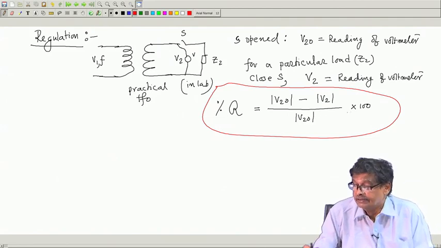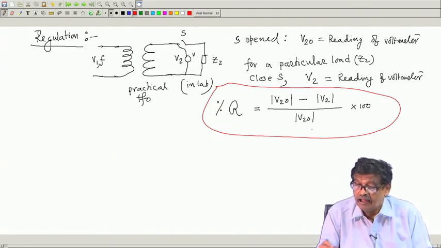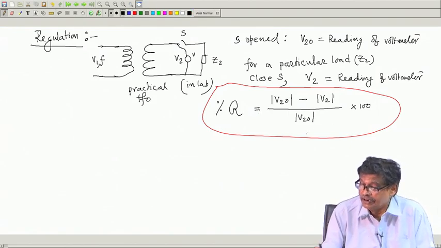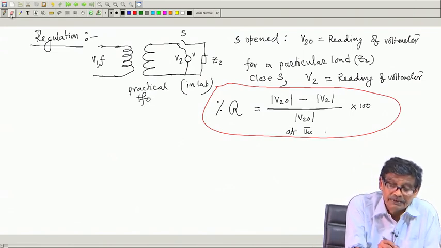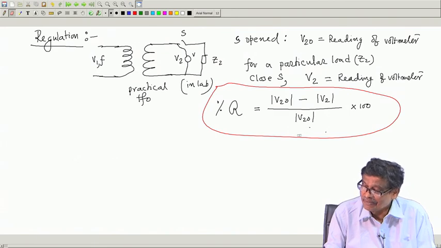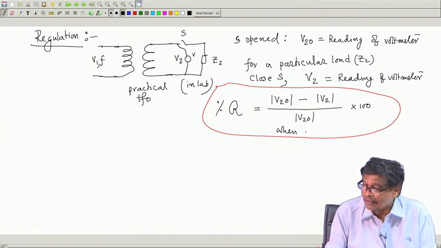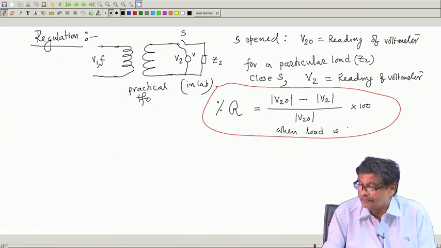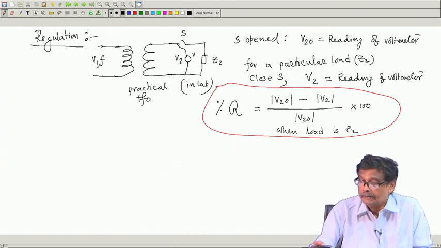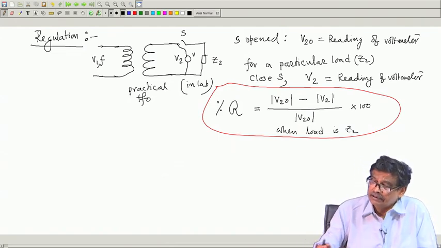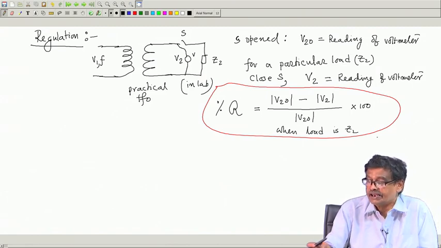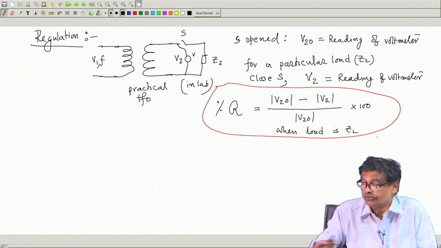So, I will say this is the value of the regulation when the load is Z2, at a given load, because if you change Z2 itself, it might give you some other value, this change in drop in voltage might give you other values, we will see that.